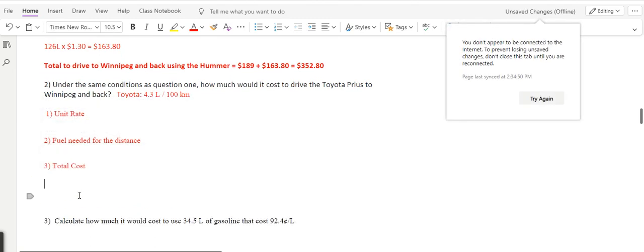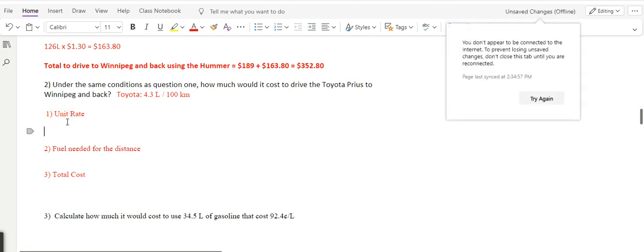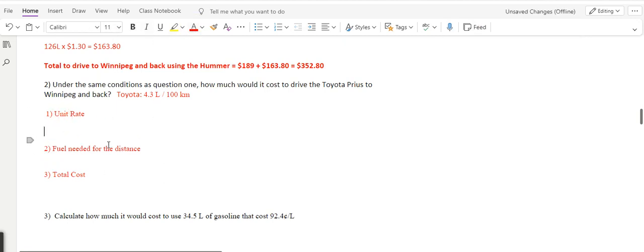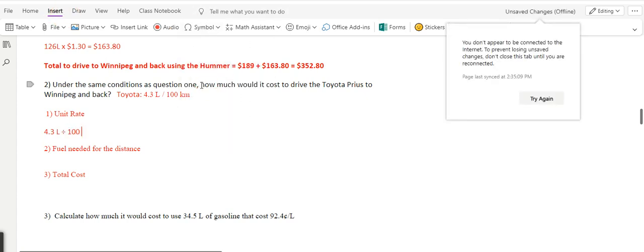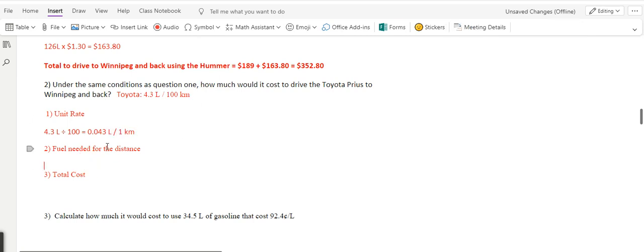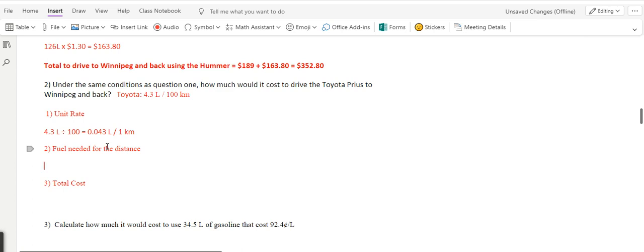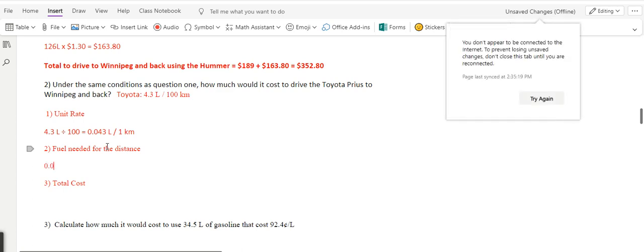So the unit rate for us is going to be what? Well, the Toyota, it's going to be 4.3 liters divided by 100, which is 0.043 liters. And we said this was for 1 kilometer. How much fuel do we need for this distance? Well, it'll be 0.043 liters multiplied by 700.